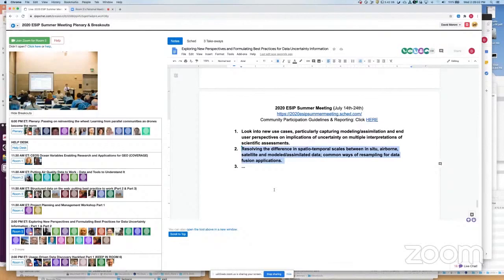There might be uncertainty associated with that resampling to move from one scale to another. I'll probably just say uncertainty due to data resampling. Yes. Or precision-wise, or comparison, or whatever usage. Yeah, I think you can just generalize it as a data resampling error, something like that. Right? Uncertainty due to data resampling.